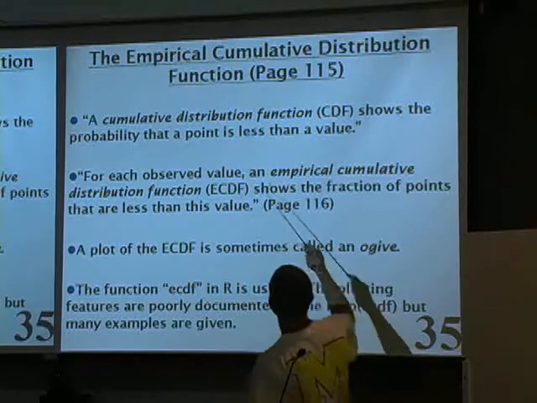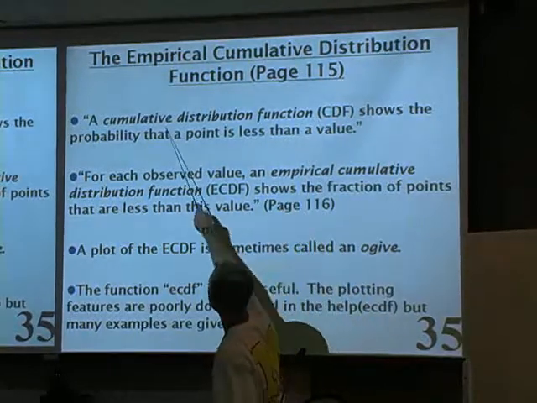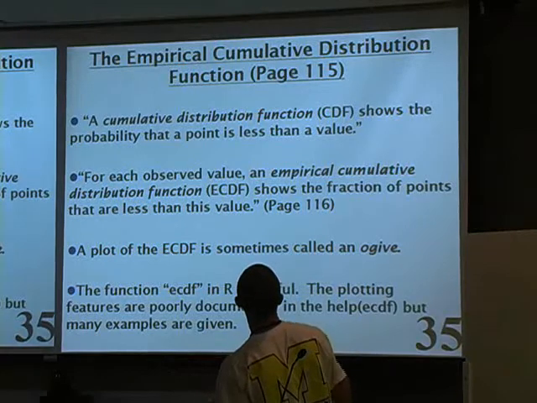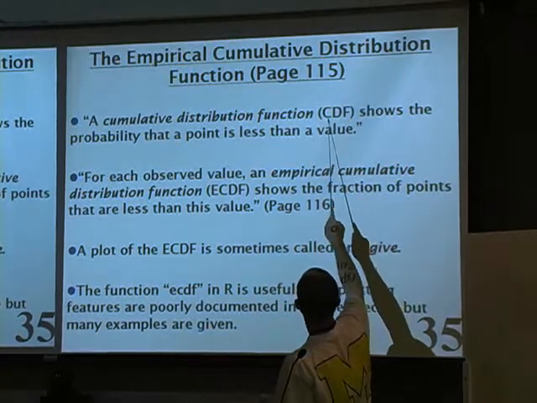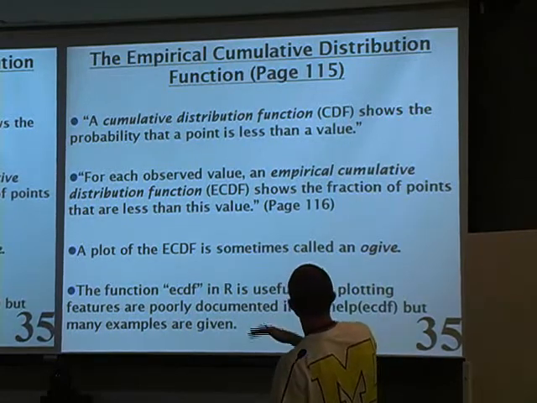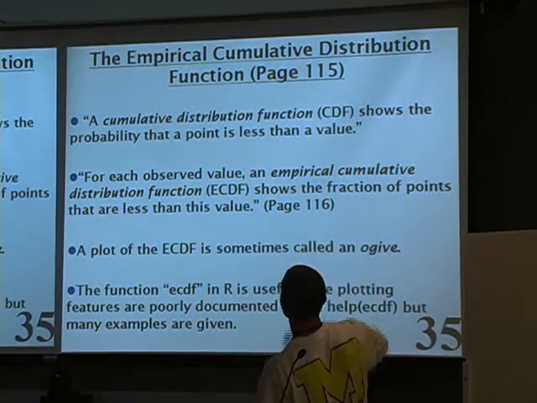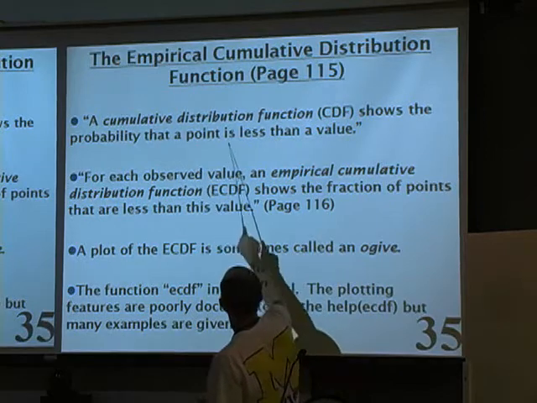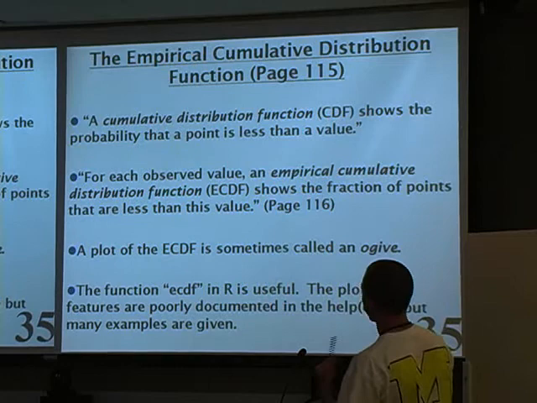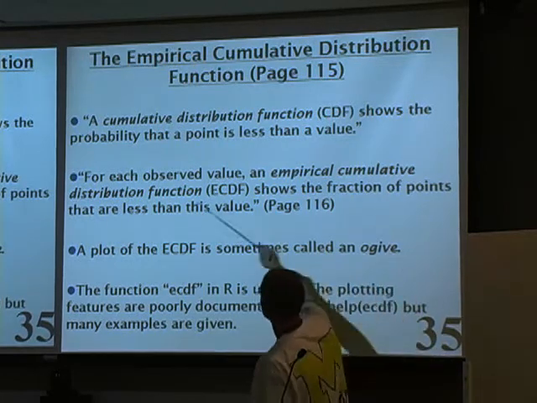And of course we call that the cumulative distribution function. Cumulative means accumulate, right? The percent less than each value. In statistics, you'll hear people talk about the CDF, which is the cumulative distribution function. It starts at 0, ends at 1 or 100%. For any point, it is basically the probability of being less than that value. So what we have when we have data is the empirical cumulative distribution function, right?